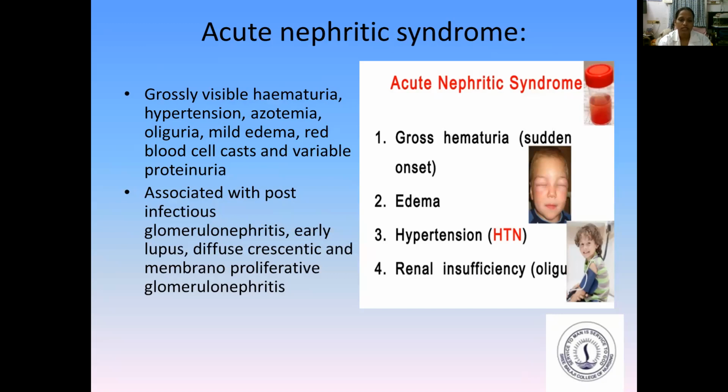Which is associated with post-infectious glomerulonephritis, early lupus, diffuse, crescentic, and membranoproliferative glomerulonephritis. In short, acute nephritic syndrome, major symptoms are gross hematuria, that is sudden onset, and then the patient will have edema, hypertension, and renal insufficiency, that is oliguria.